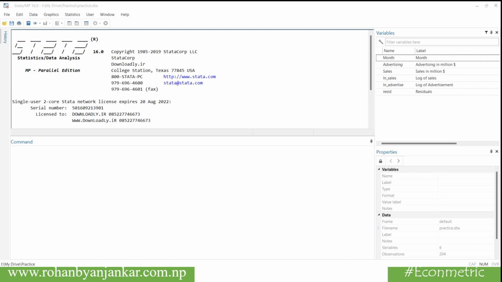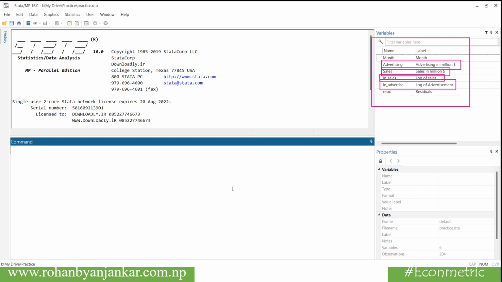Advertisement is in $1,000,000, sales is in $1,000,000, and here are log of sales and log of advertisement.